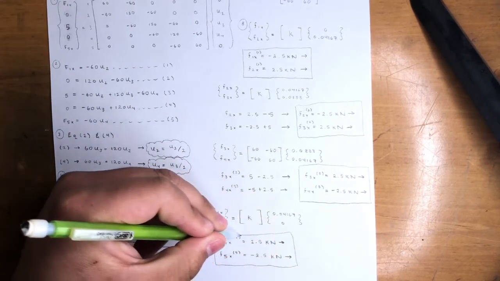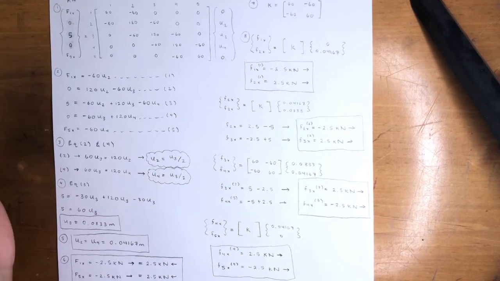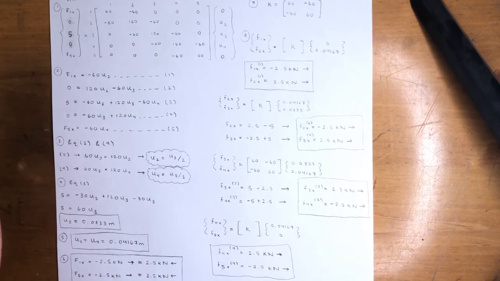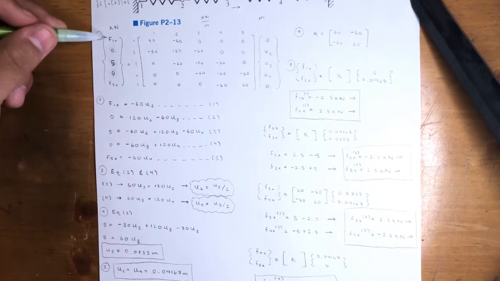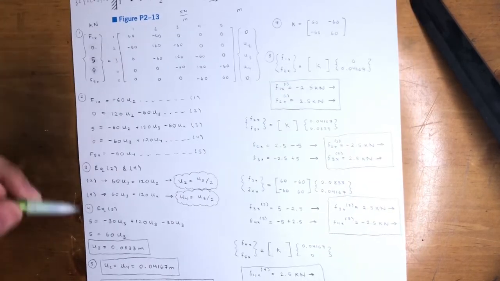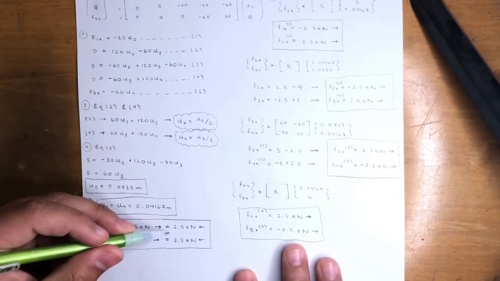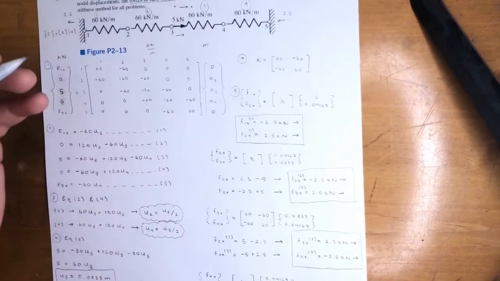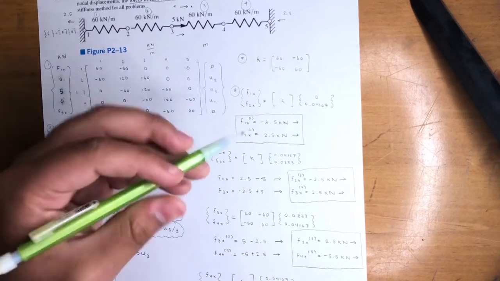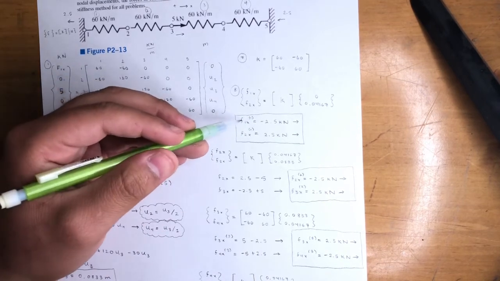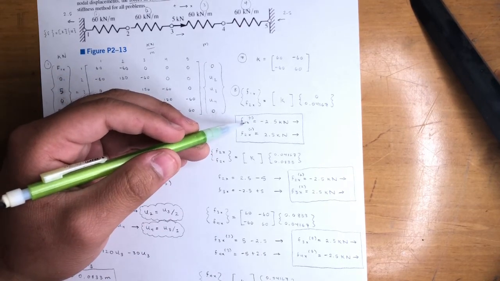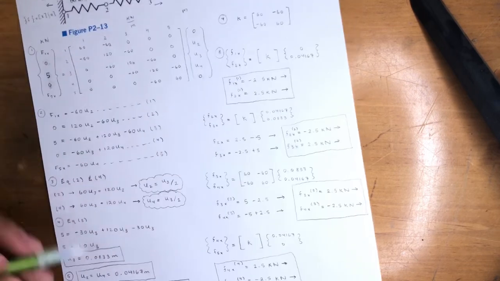So technically you should be good, but if you want to verify, which you should and I recommend, we have all the big forces, right? We got these three right here, and then F1x and F5x are right here. So I don't know how to explain it here, but you'll see what I mean. The sum of all the little forces of that node have to equal the big one.